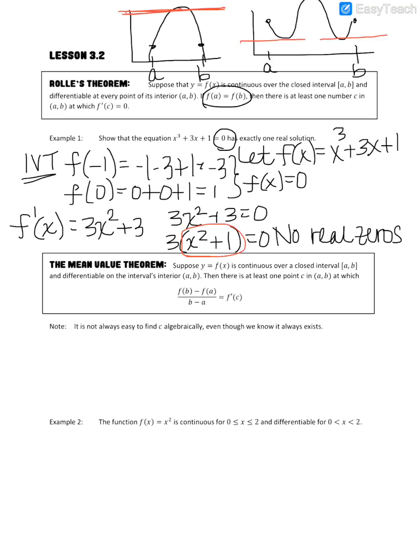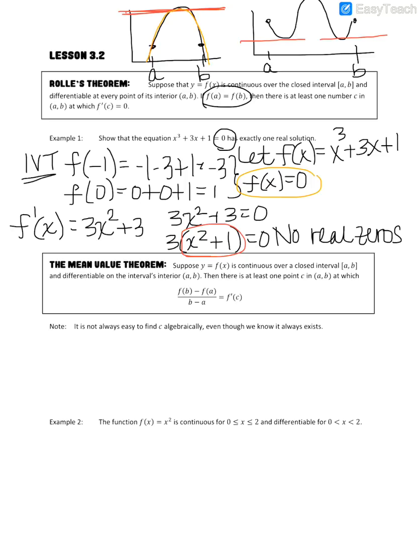What that means is there's no point on this graph where it turns around. Think about our example at the top. If we were going to go back towards 0, it would have to at some point turn around, right? Since we've already proven there is a 0, and now we've proven there's no tangent line that is 0, basically this graph cannot turn back around and hit 0 again.